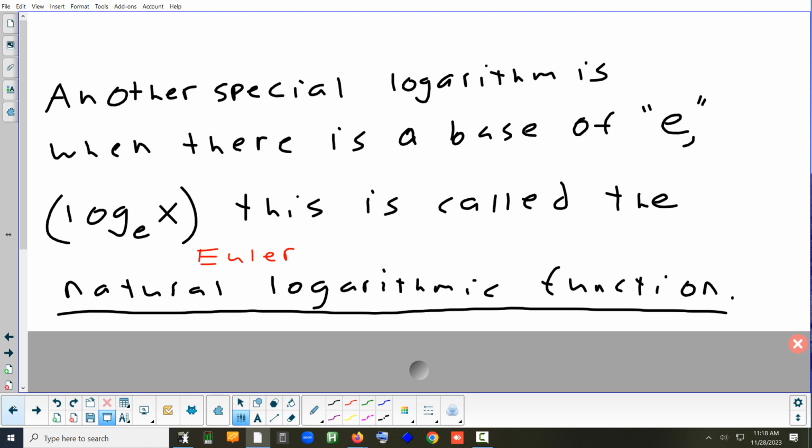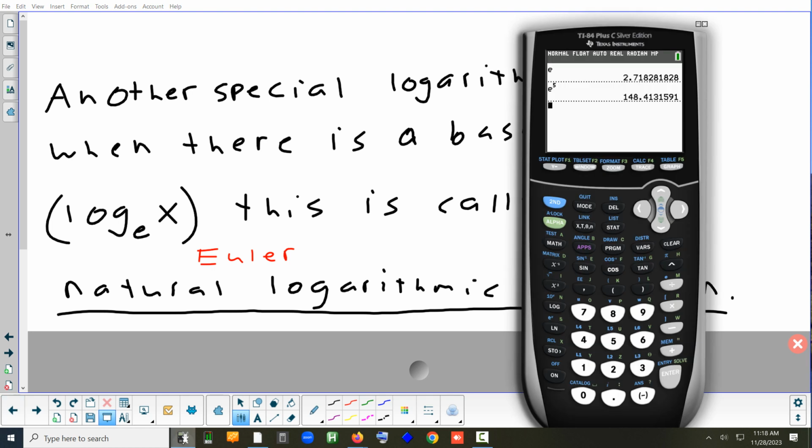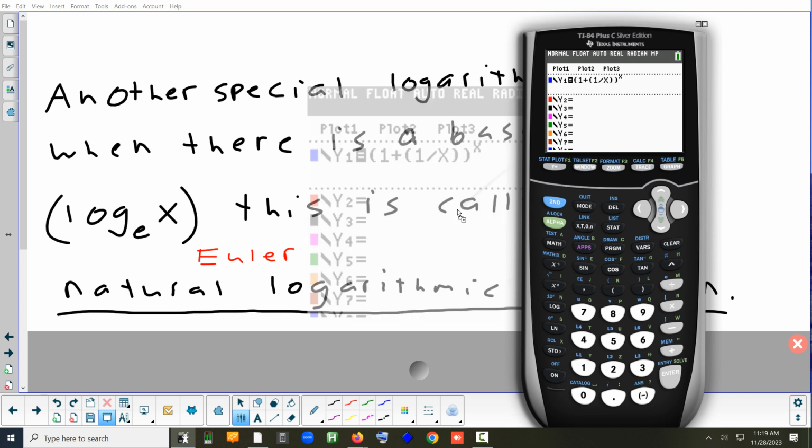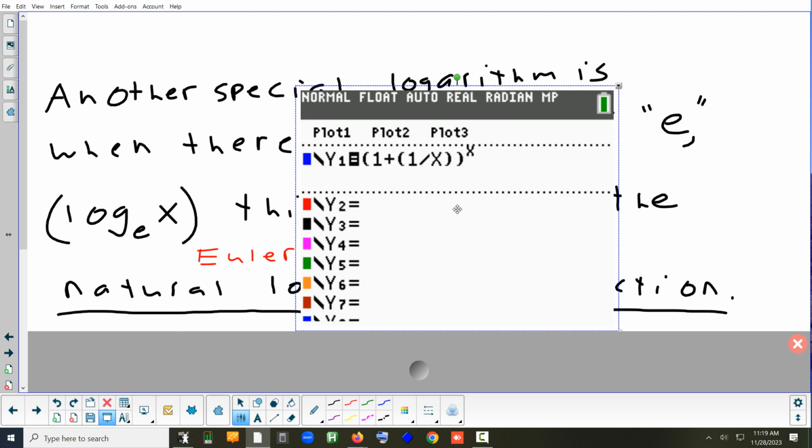So where does it come from? Because pi comes from a ratio, or well, it's not a ratio because it's irrational. Isn't it if you broke it into triangles? I'm not sure it'll completely answer your question, but this is a graph that has something to do with E. If you graph 1 plus 1 over x, to the x, think about what happens as x gets bigger and bigger.